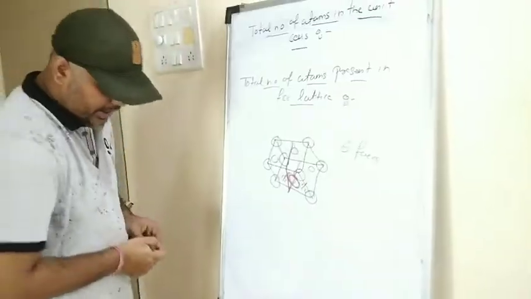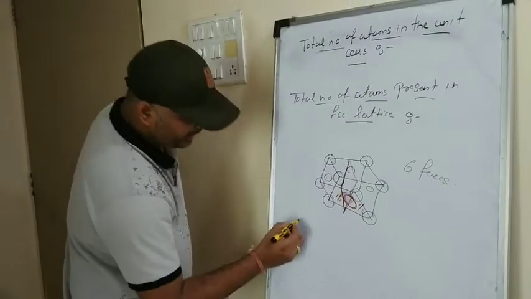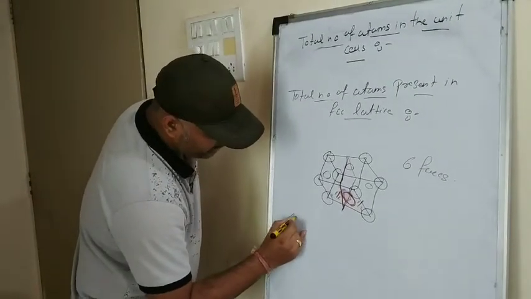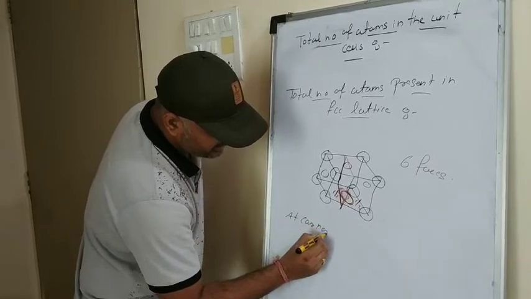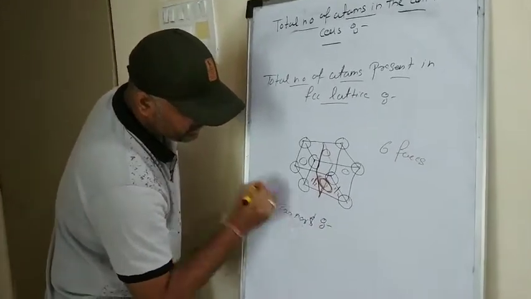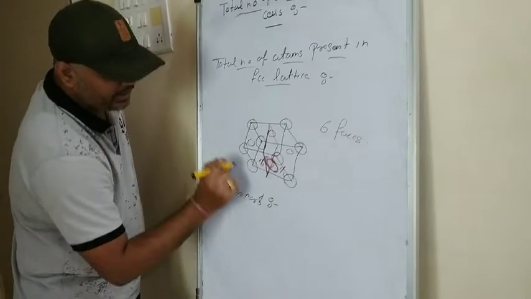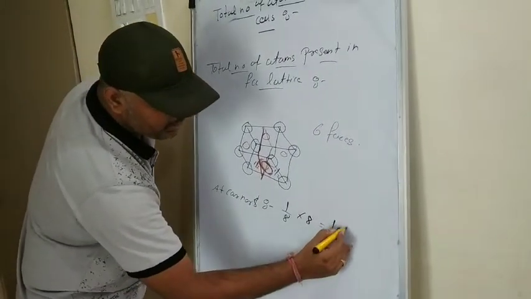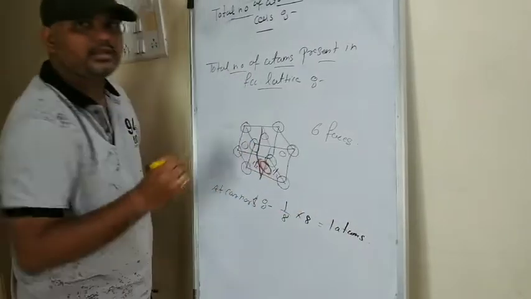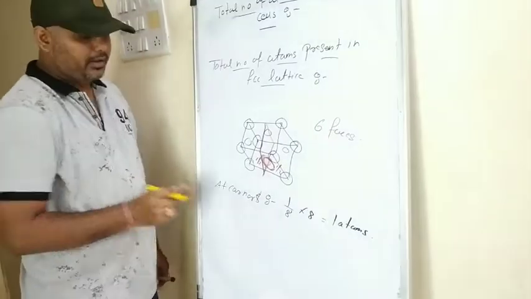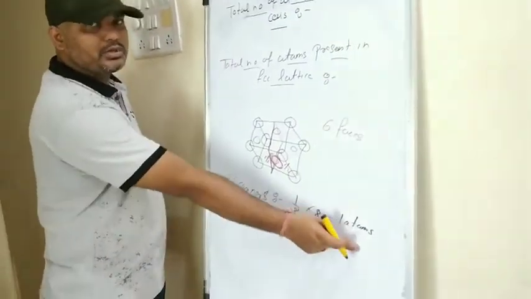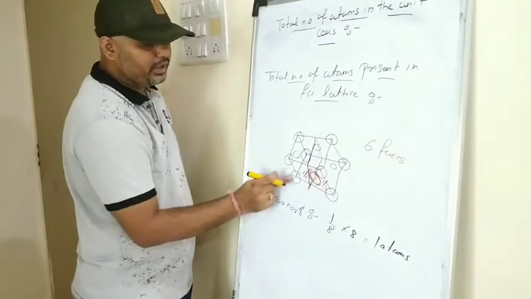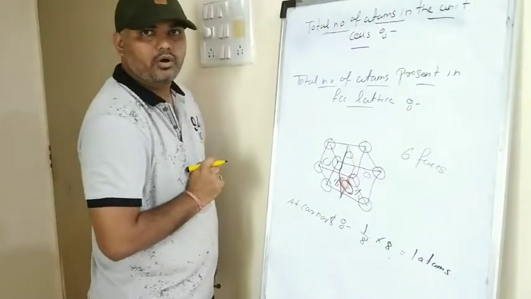So how can we write? At the corners we have 8 particles, so that will be 1 by 8 into 8 is equal to 1 atom. That is what we have seen in the simple unit cell, right? That is the situation for the atoms which are present at the corners.